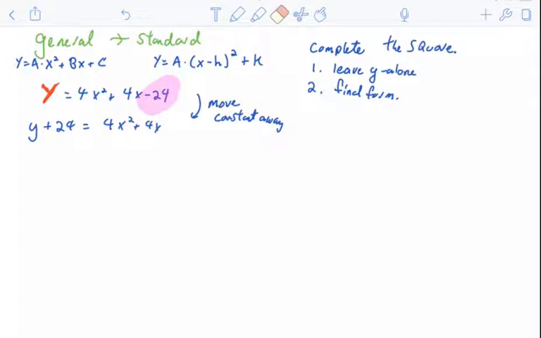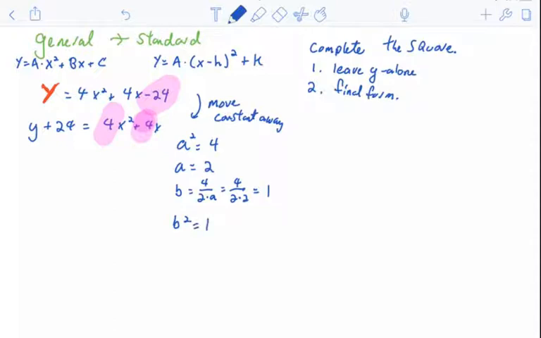You said a squared is equal to that term, and then a is equal to 2, and then b is equal to this term divided by 2 times a. So it's 4 divided by 2 times 2, which is equal to 1. And then little b squared is equal to 1.